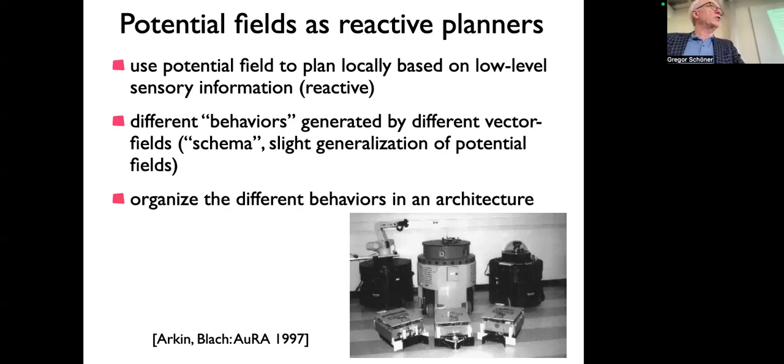That's actually the way the potential field approach is most commonly used now. And it's part of behavior-based robotics, which I wanted to expand a little bit on. Arkin is sort of the person who pushed that ahead. It's also a long time ago, but there's more recent work that does that quite well.